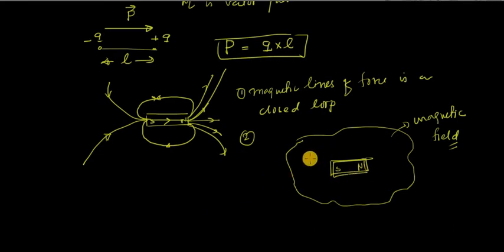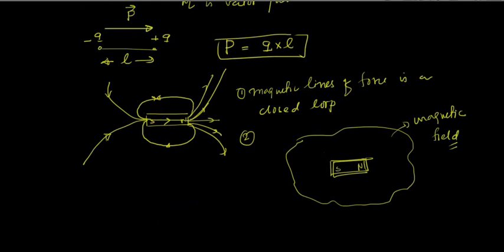The existence of the magnetic field is represented by magnetic lines of force. If there is a magnetic field, then obviously there should be magnetic lines of force.